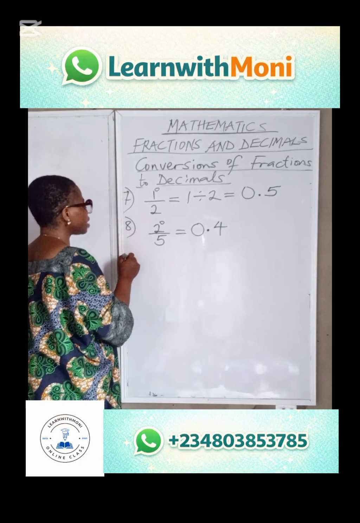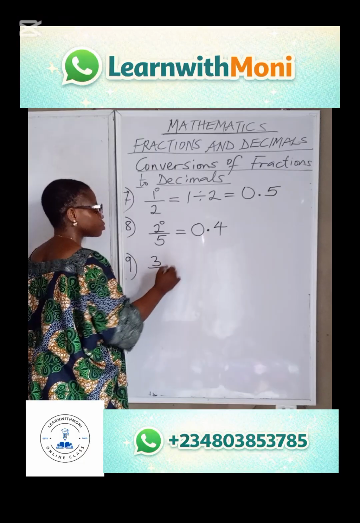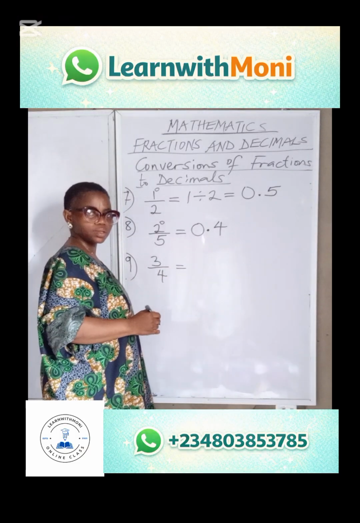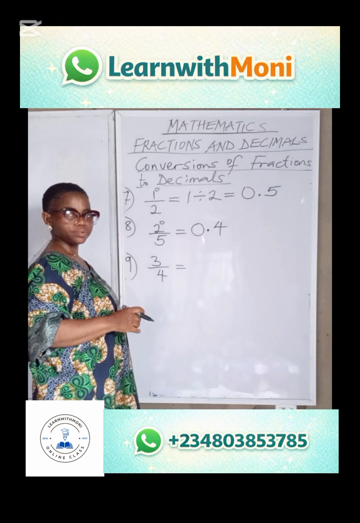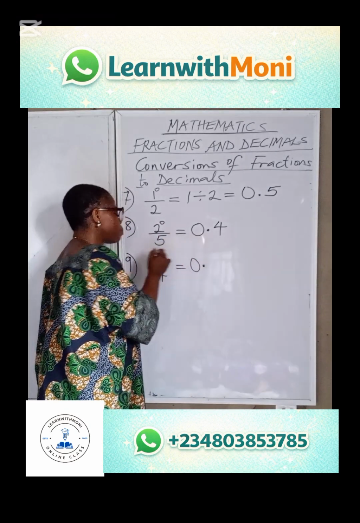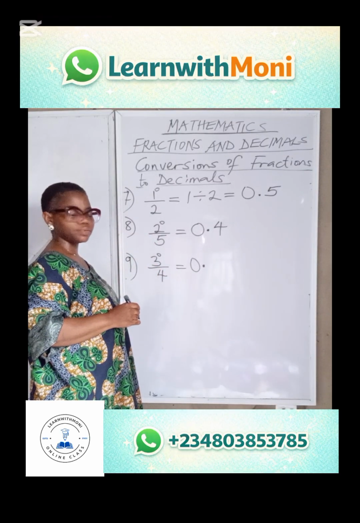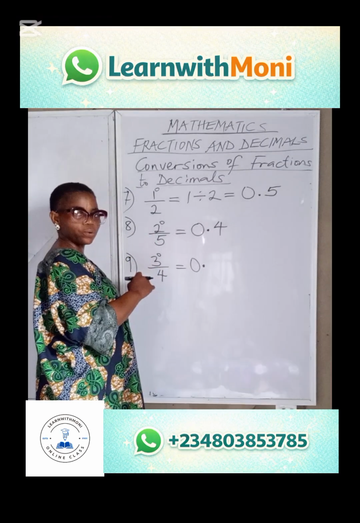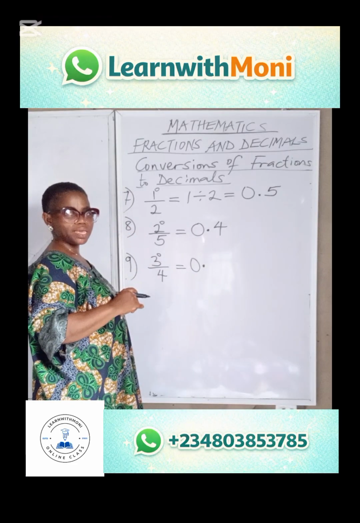Let's see another example. Let's look at 3/4. How many 4 can we get from 3? We can't get 4 from 3, so I put 0 point and put an invisible 0 behind that 3. It's now 30. 30 divided by 4, we can get 7. That is 28.